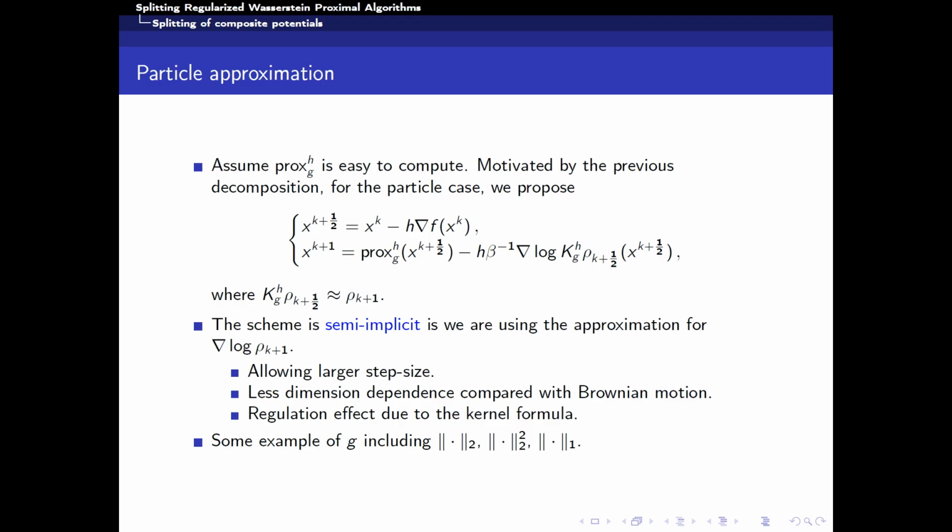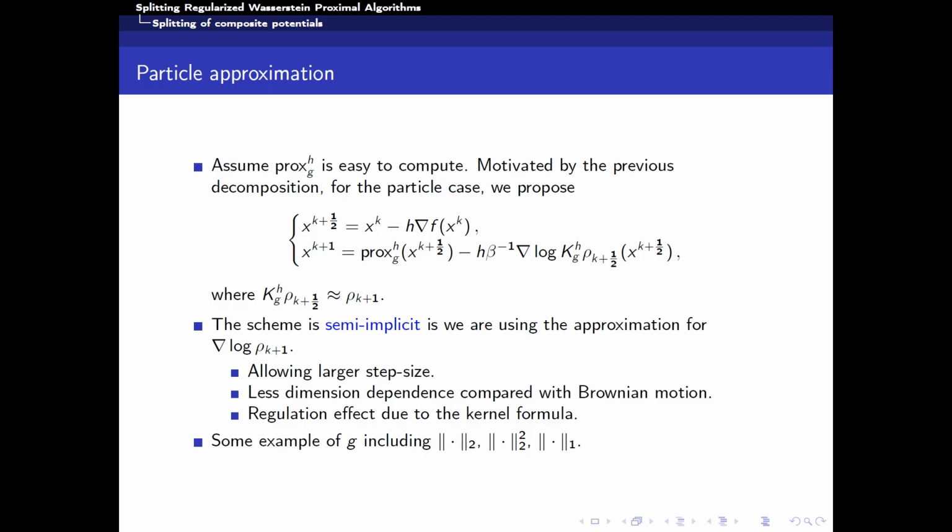You see that the reason I call this scheme semi-implicit is that we are using the score function at time t k plus 1. However, if you look very carefully at the right-hand side of the second step, everything there is explicit. It only depends on the information at time t k plus 1/2.